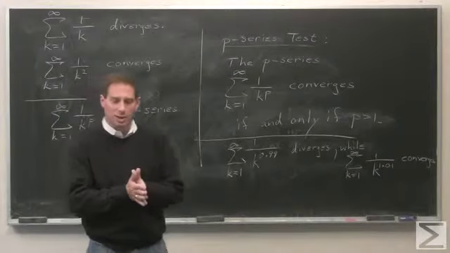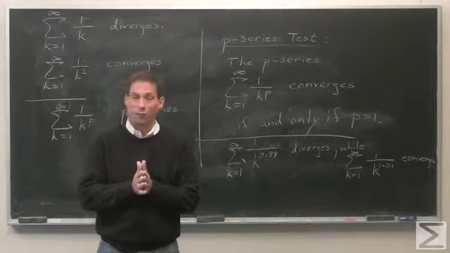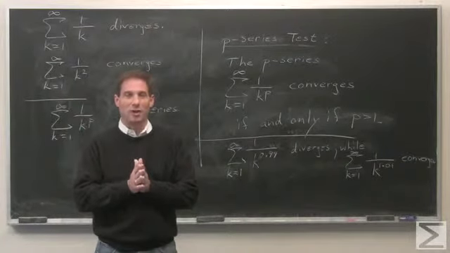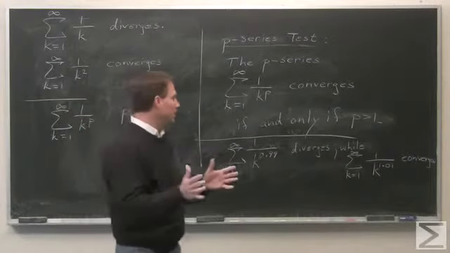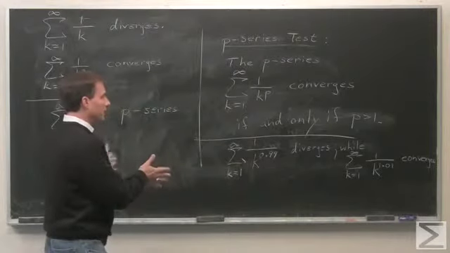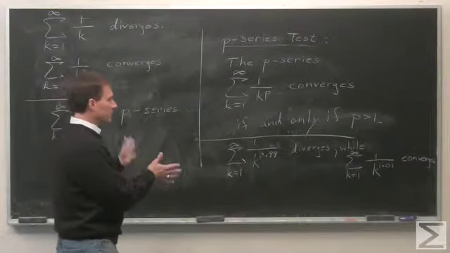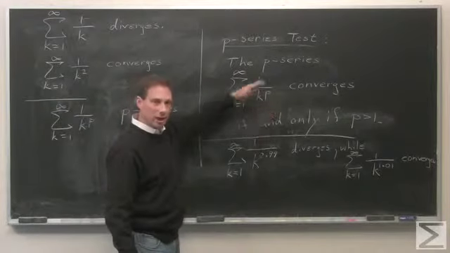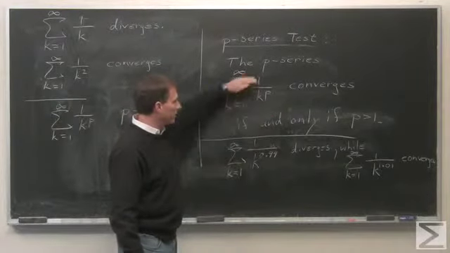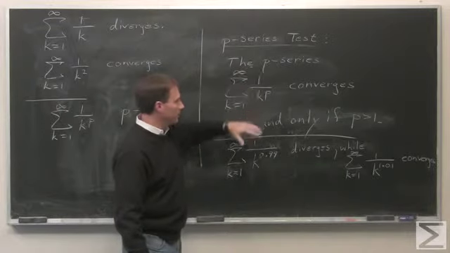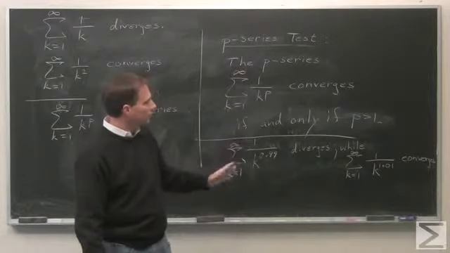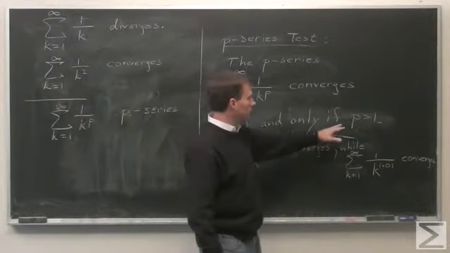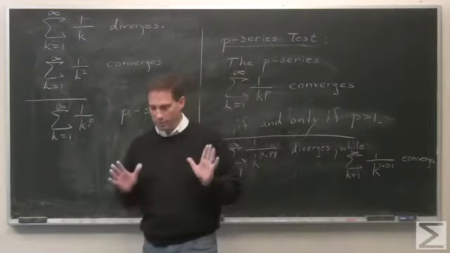And here's the kind of bad news. We're going to have 4 different tests that have something special about the number 1 in them. In this test, it's a p-series, and the p belongs on the k in the denominator. We start with 1 over it. Don't think it's k to the p. You've got 1 over k to the p, and then where things change is that p equals 1. If p is greater than 1, the series converges.